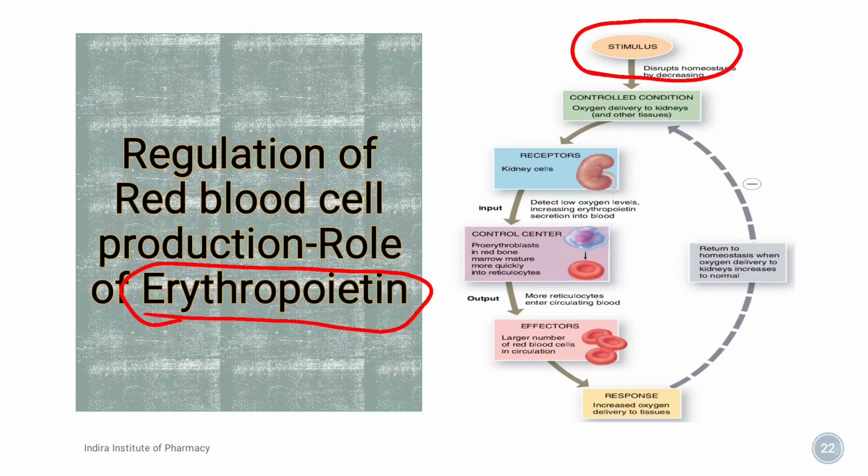By decreasing the controlled condition, the amount of oxygen that blood carries to specific cells and tissue has decreased. So now the receptors, in this case the kidney cells, get a signal that there is some disturbance in the body: RBC production has decreased, and the amount of oxygen delivered to tissue and cells has also decreased.